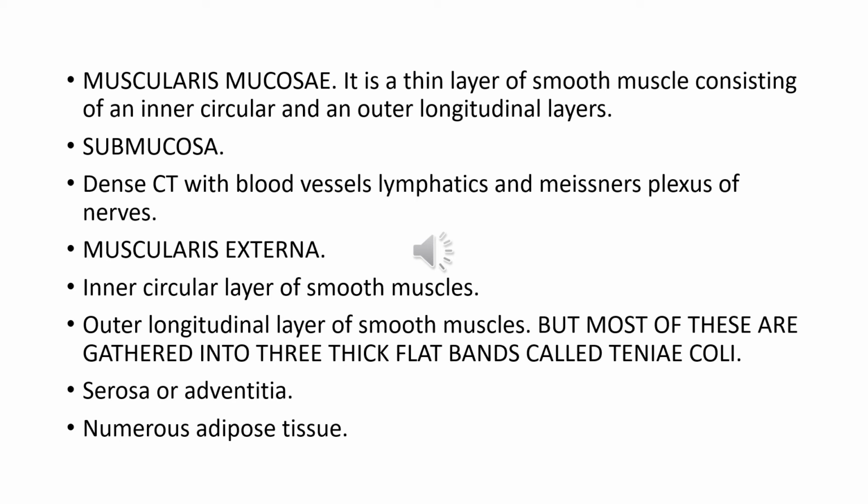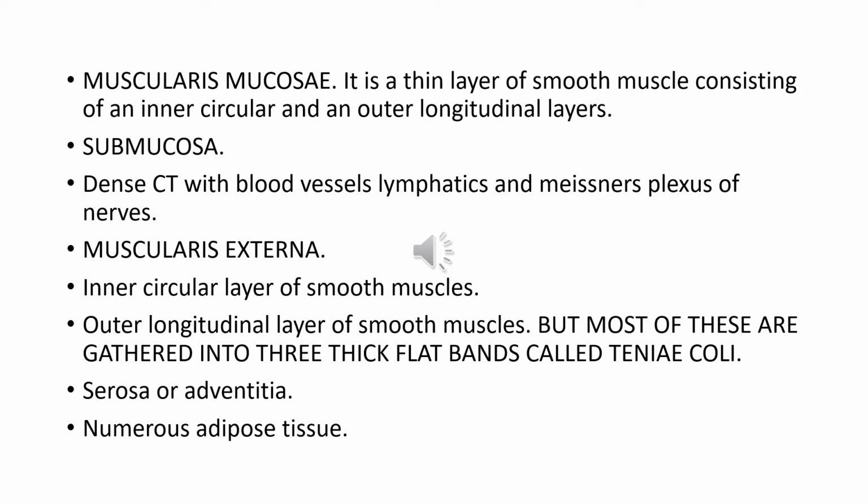Now, coming over to the muscularis mucosae, it is a thin layer of smooth muscle consisting of inner circular and outer longitudinal layers. Then the submucosa is like that present in the other parts of the intestine, containing dense irregular connective tissue with blood vessels, lymphatics and Meissner plexus of nerves.